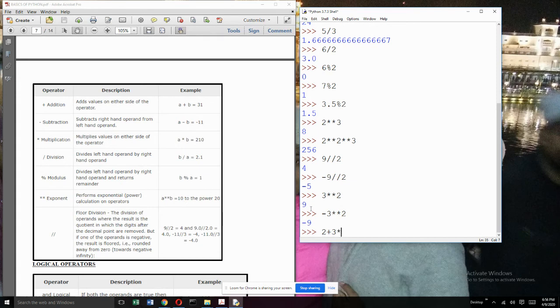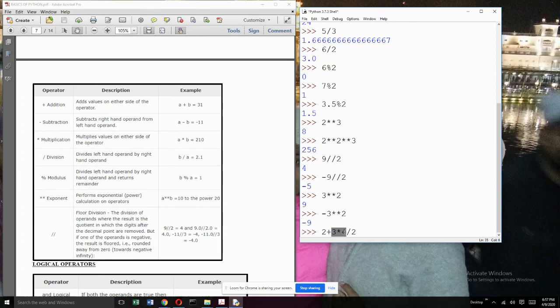Now let me show you one more example. Now you have a mixed operation. According to the precedence order, multiplication and division have a higher precedence over addition, so multiplication and division will be done first. Now you have both multiplication and division. Which one will be done first? Since their associativity is from left to right, it says go from the left, and whichever operator is encountered, keep on doing.